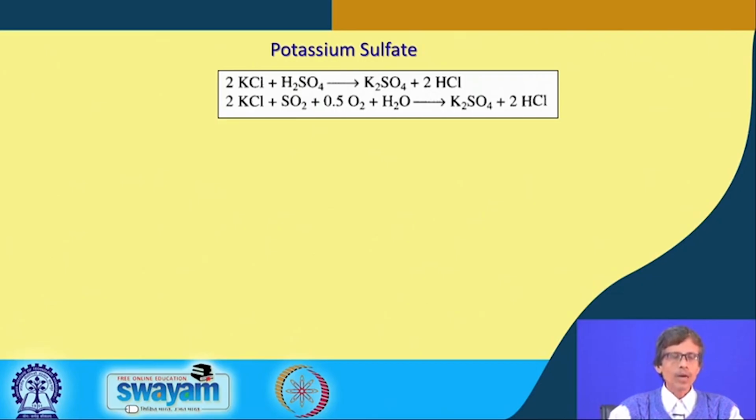But sometimes the potassium chloride can be reacted in situ with sulfur dioxide, when we do not want to use sulfuric acid because it is a costly material. If we want to bring down the price of the process, we can use sulfur dioxide directly, which is the raw material for sulfuric acid production, along with the equivalent amount of oxygen from the air or some other source, and water, which ultimately gives you the sulfate formation during this reaction.